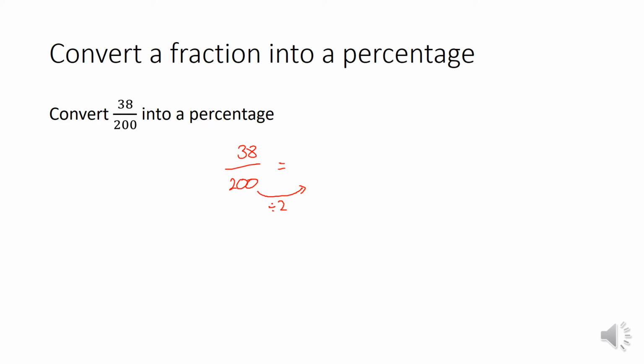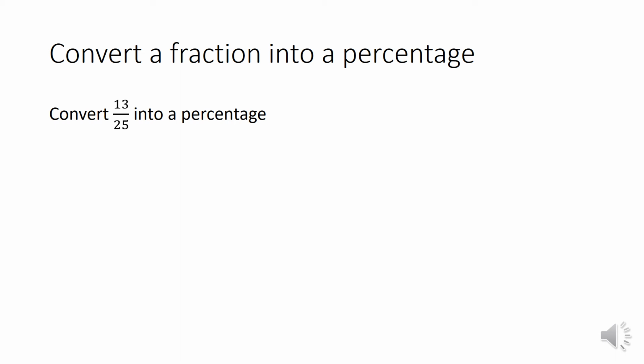So that gives us 100 on the denominator. On the numerator, we need to do the same thing to keep it equivalent. So 38 divided by 2 is 19. So we've got 19 out of 100, which is 19%. And the reason that is, is because percentage just means out of 100. So if we've got 19 out of 100, that is 19%.